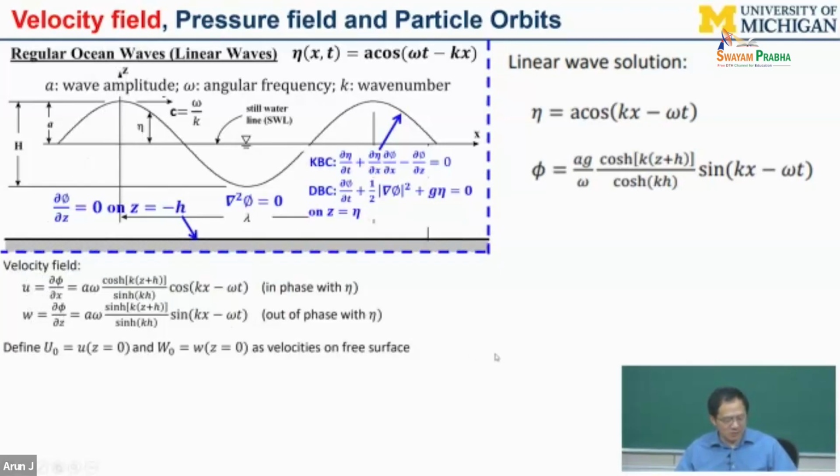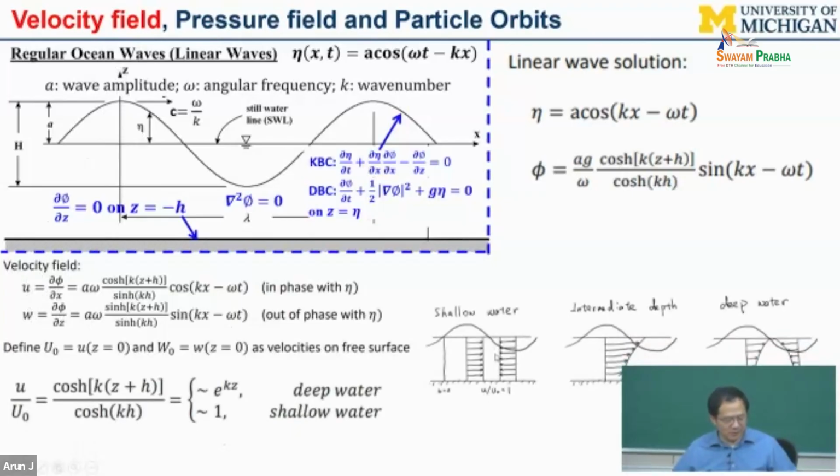Now, what does the velocity look like? Here we normalize the velocity. At any arbitrary position it is a function of the depth z, and it looks like that. For shallow water, this one is simplified, and it will be 1.